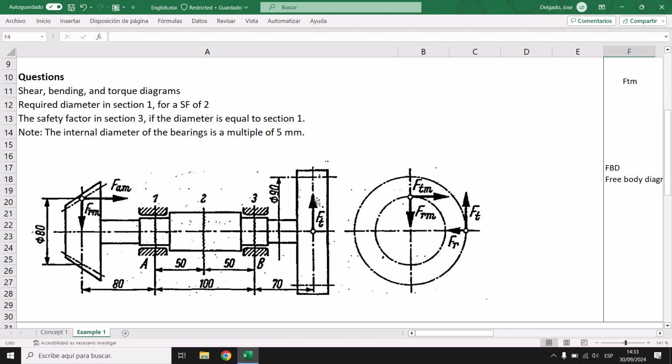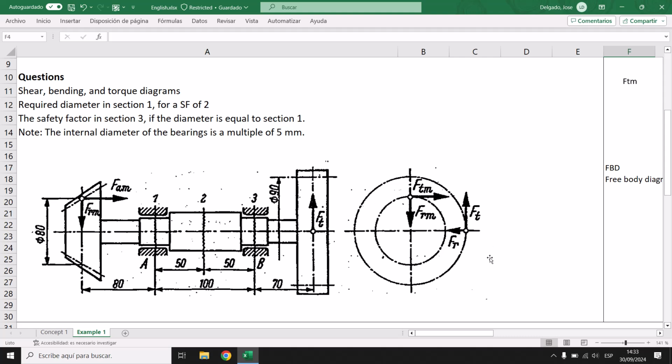Here we have our spur gear, cylindrical, with a primitive diameter of 90. This is the tangent force. We have a radial force also here. This is our radial force here, but this is another tangent force that you can see here, in this section view.